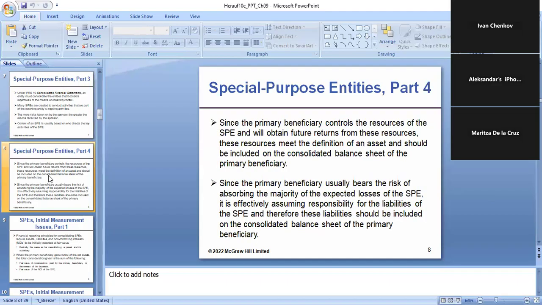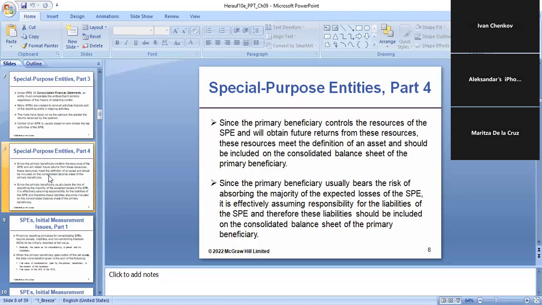And since the primary benefit of control of the special purpose entity goes to the sponsor, the sponsor is the primary beneficiary of control, and will obtain the future return from those resources. So whatever the special purpose entity earns as resources, that will be directly reflected in the sponsor's earnings.